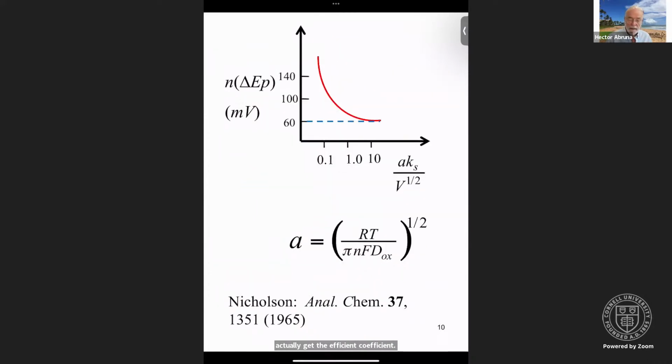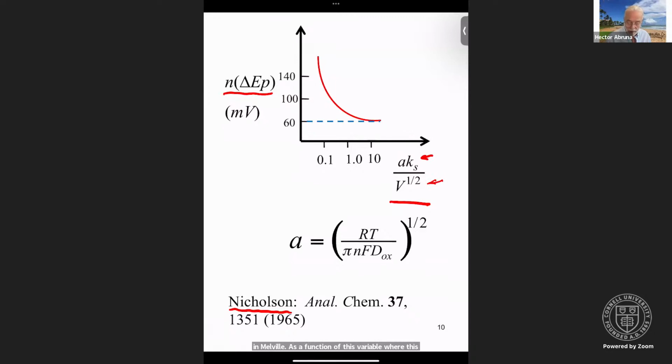There are different ways in which one can analyze irreversible systems. One of the easiest was a process developed by Nicholson. That's the same Nicholson as in Nicholson and Shain from the original work, where you plot the delta E peak in millivolts as a function of this variable, where this is sweep rate and this is Ks.